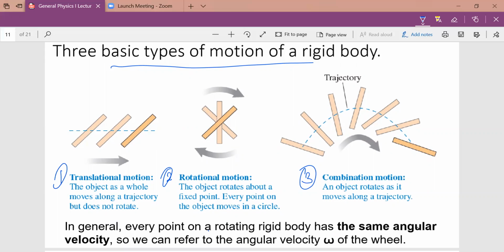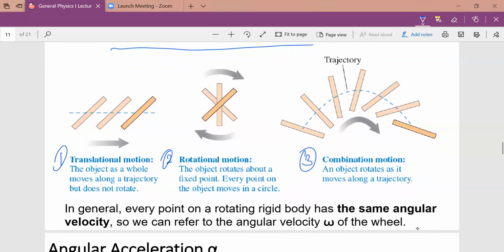We also have a rigid body rotating about a fixed point, just like the wheel, and every point on the object moves in a circle. Then we have a combination, just like the wheel in motion, of the object rotating and at the same time translating or taking a curve, moving and rotating at the same time.